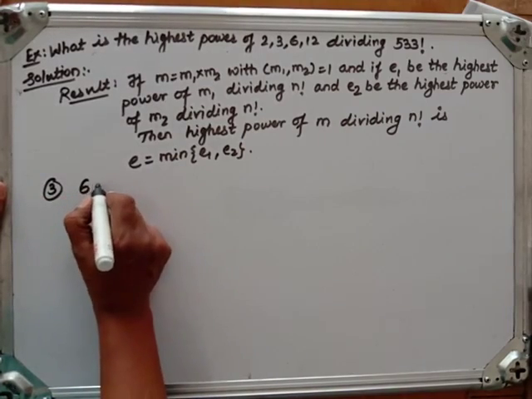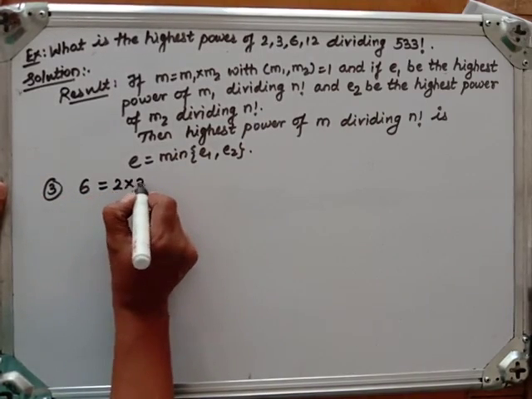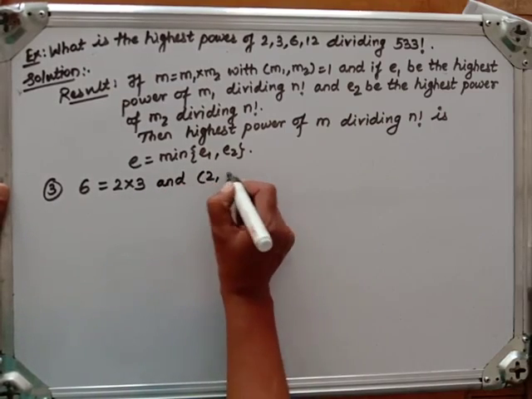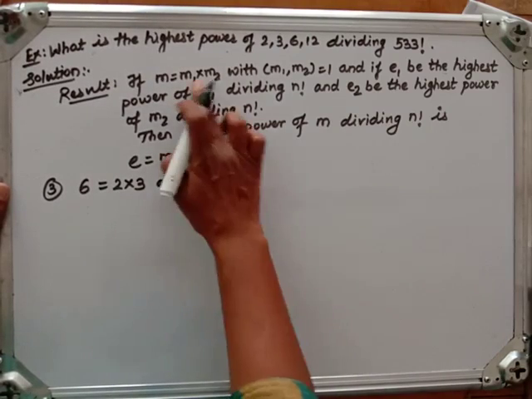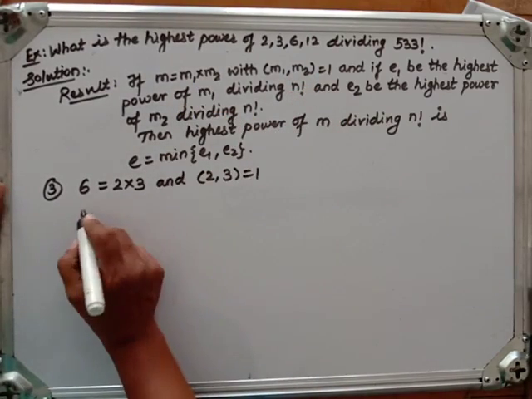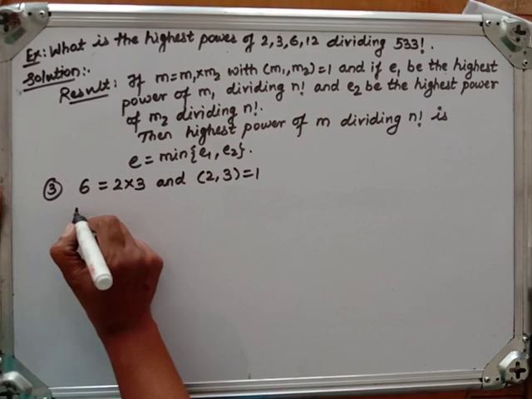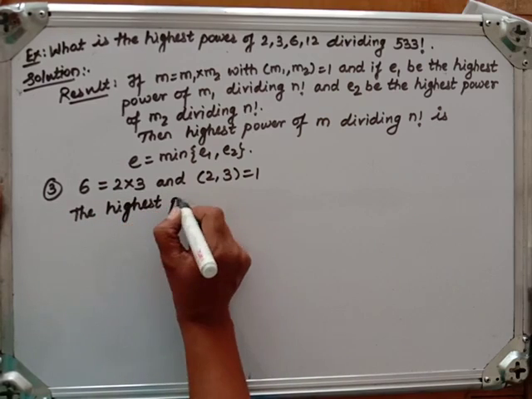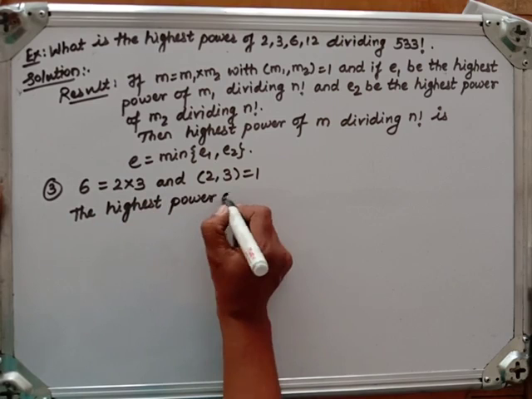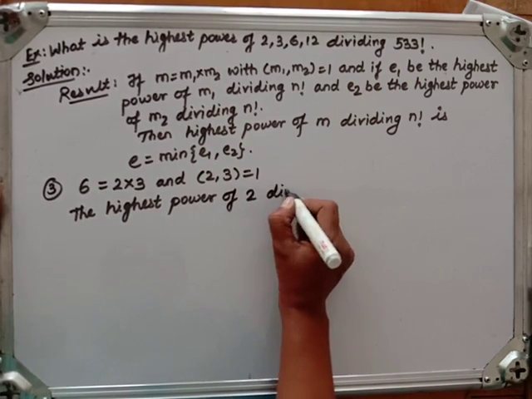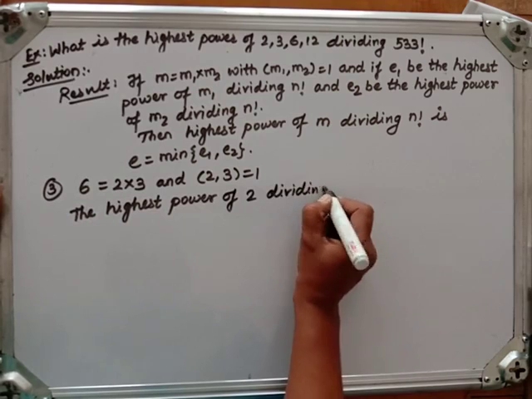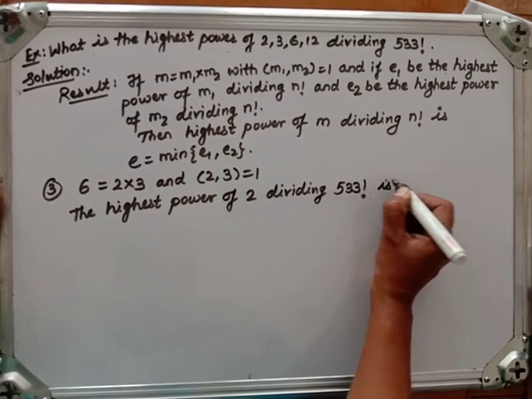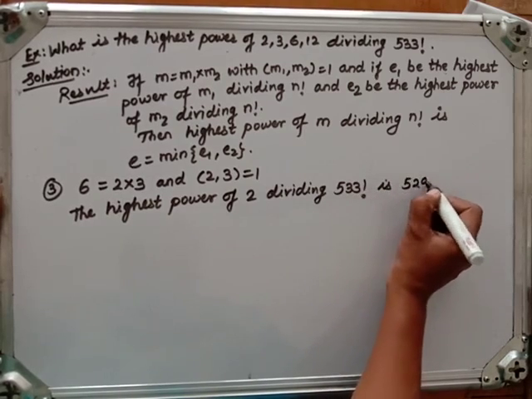6 is not a prime, so 6 can be written as 2 into 3, and 2 and 3 are relatively prime. Now the highest power of 2 dividing 533 factorial is 529.